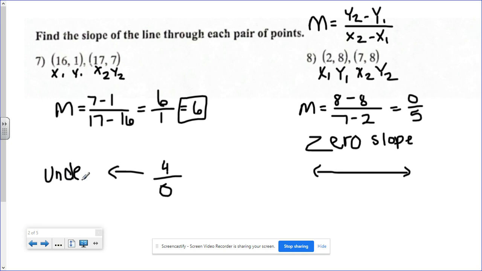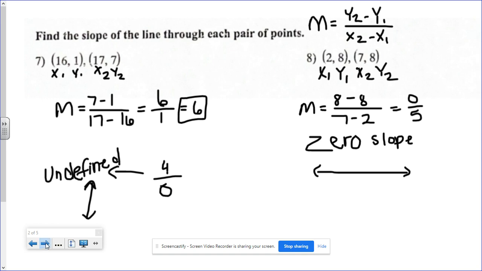You cannot do that. So that would make it a line that is vertical. And you can't walk on a vertical line at all. That's why it's called an undefined line. So if 0 is on the top, it's called 0 slope. If 0 is on the bottom, it's called undefined.